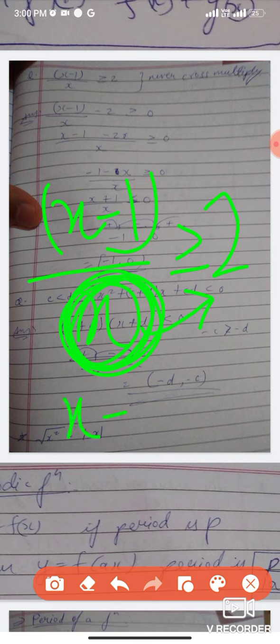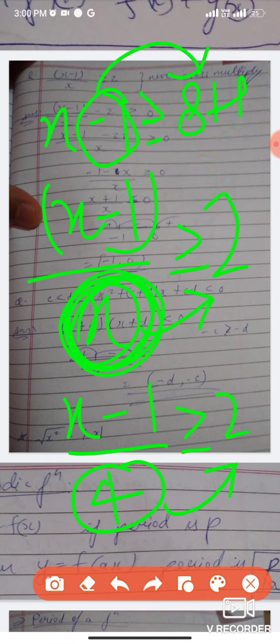If you were given (x minus 1) by 4 greater than or equal to 2, then you could take this 4 across and do x minus 1 greater than or equal to 8, bring the 1 over as plus 1, and get x greater than or equal to 9.